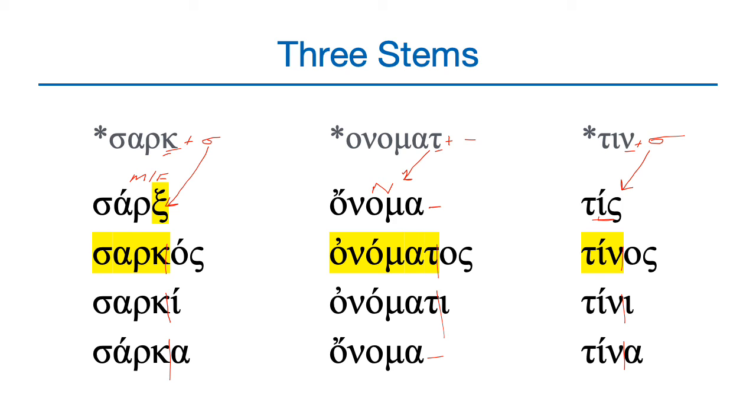Here, onomat is the neuter. This one is masculine or feminine. You will know by the article. Okay, and the ending is sigma. In the neuter, there is no ending, so tau does not stand at the end of a word, and it also drops if it is confronted by a sigma. So here the tau drops out, and you have onoma because there's no case ending.